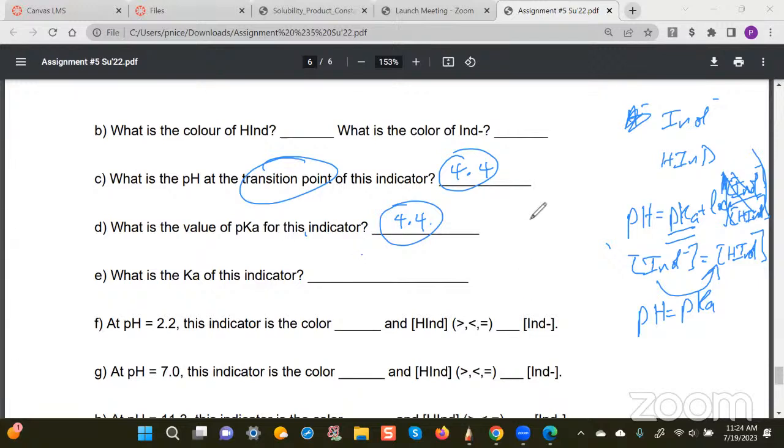So how would you calculate the Ka if you know what the pKa is? What's the equation which shows the relationship between pKa and Ka? Let me write it here. Can anybody tell me? What's the relationship between the pKa value and the Ka value of an indicator?